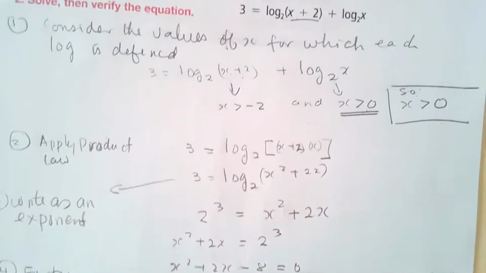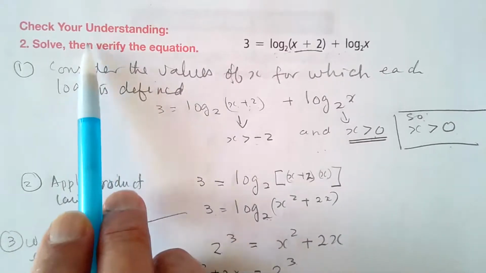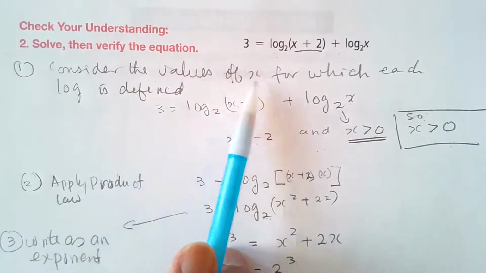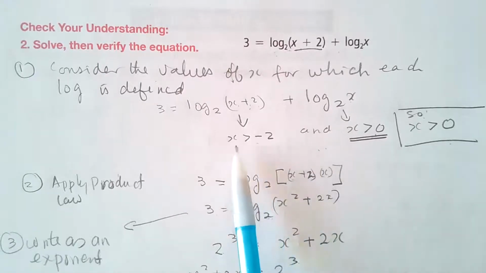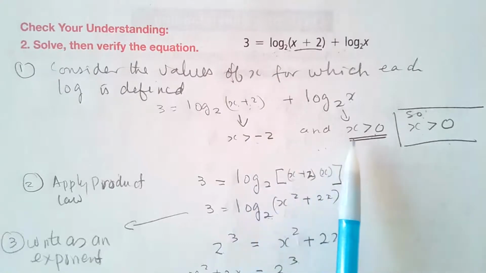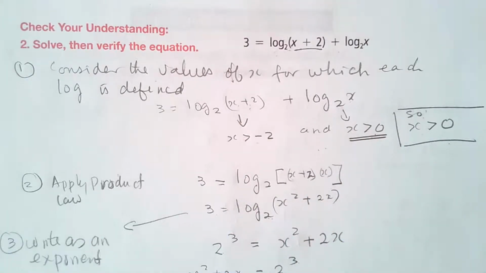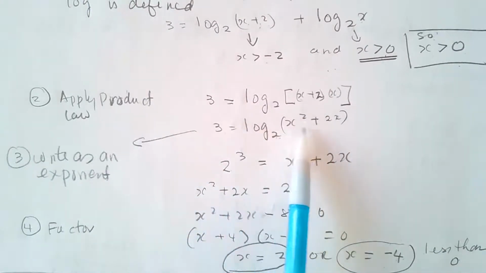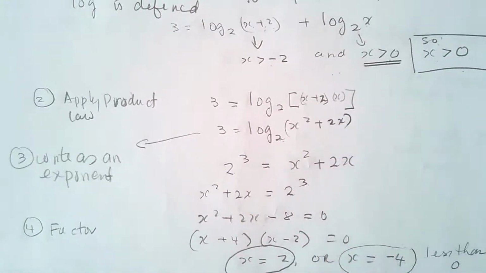So let's review our steps again. We are asked to solve and verify the log. Step 1, we consider the values of x for which each log is defined. And we said that x is greater than -2 and x is greater than 0. So x has to be greater than 0 for this log to be defined. Next, we apply the product rule to arrive at our simplified log.